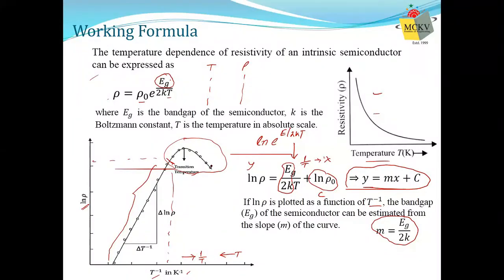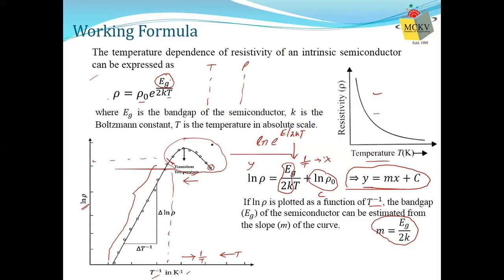That means this point corresponds to the lowest possible temperature which we have measured. Suppose we have started from 30 degrees centigrade. So this corresponds to 30 plus 273 Kelvin. This is the lowest temperature, and with temperature increasing along this direction, temperature inverse actually increases along the positive x direction.